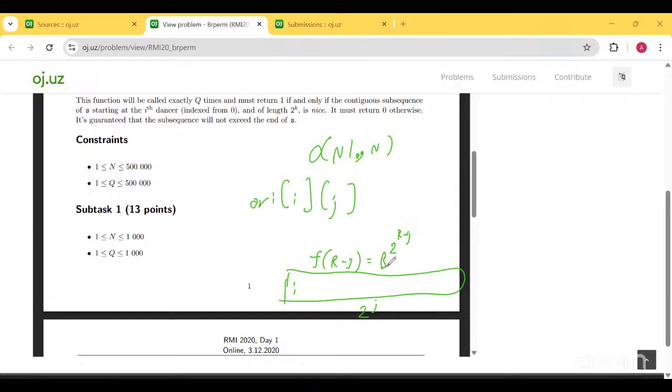Is it understood? Do you know how to find this? In O(1), of course. So the total complexity becomes n log n.